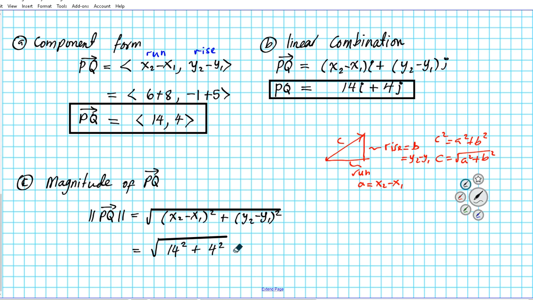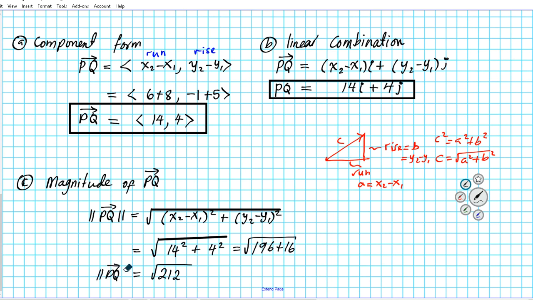Let's do our arithmetic. 14 times 14 is 196, plus 4 squared is 16. 196 plus 16 is 212. So the magnitude of vector PQ is the square root of 212.